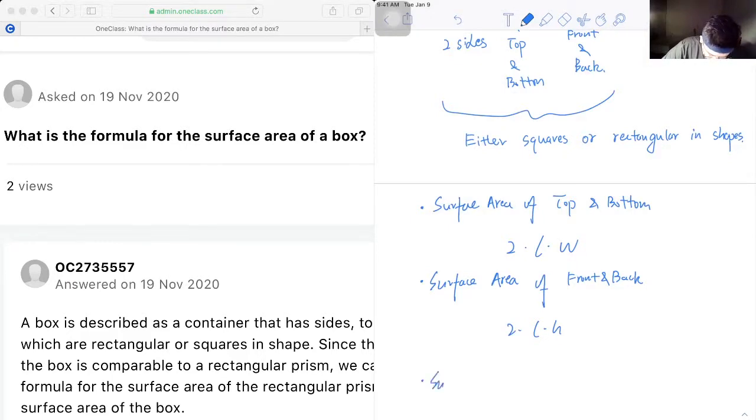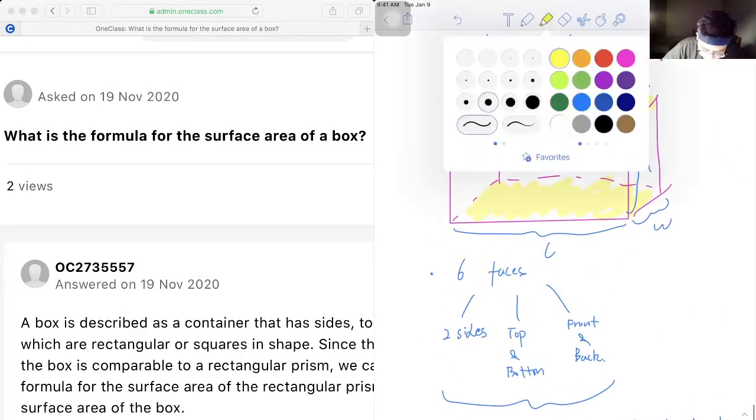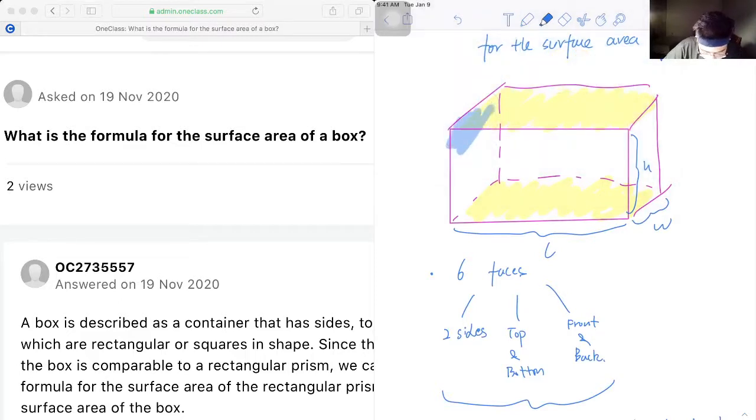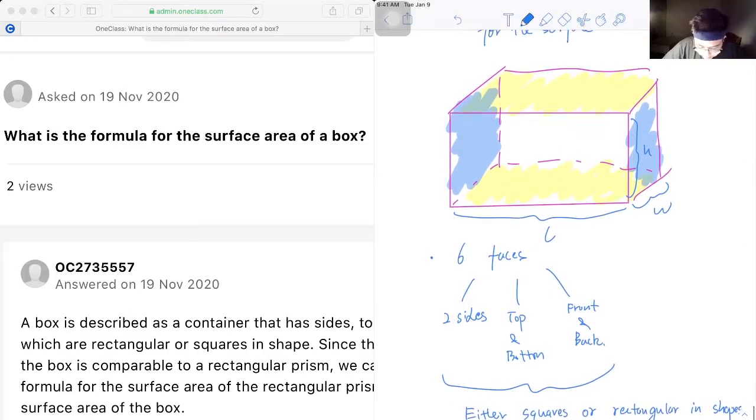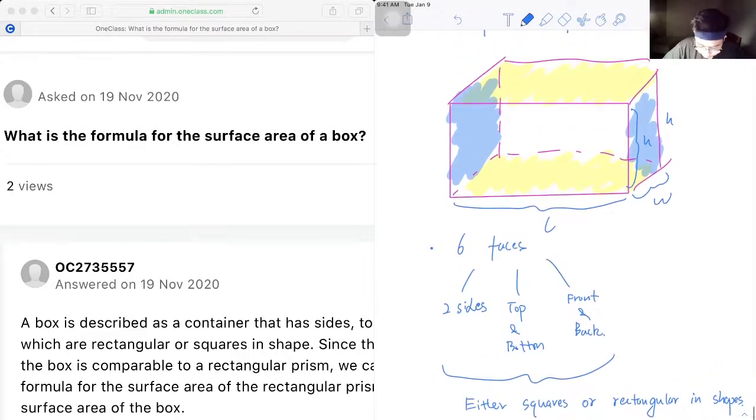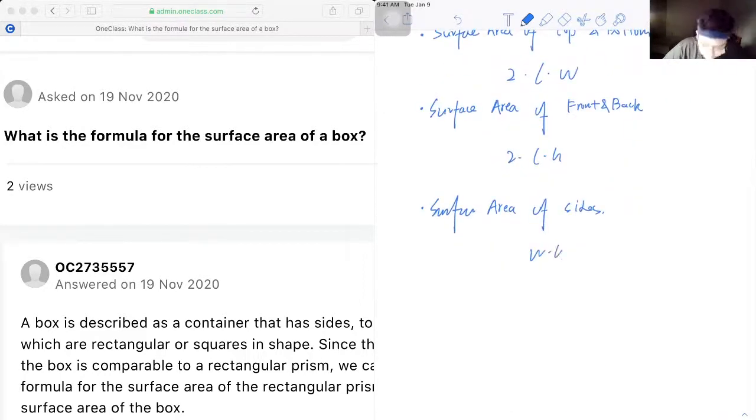And lastly, we have the surface area of the sides, and I'll use blue to indicate that. The one on the left and the one on the right. And as you can see here, it's going to be W times H. And since there are two of them, that's going to be 2 times W times H.